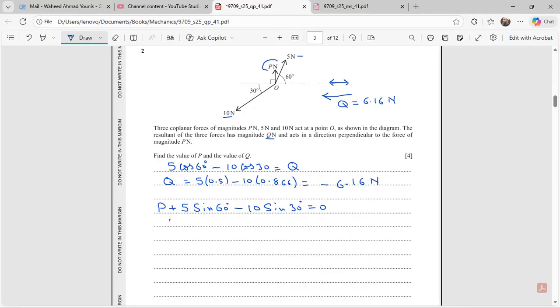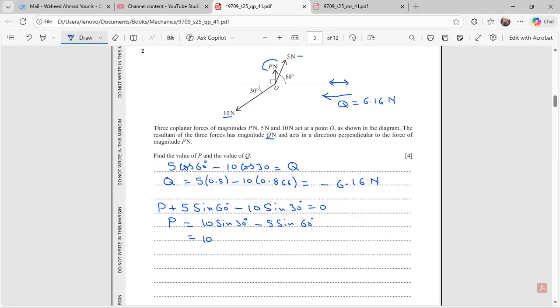So from here we find that P is equal to 10 sine of 30 degree minus 5 into sine of 60 degree. Okay. So P is 10 sine 30 minus 5 sine 60. And the sine of 30 degrees is 0.5 and sine of 60 is 0.866. So let me write it down, right?